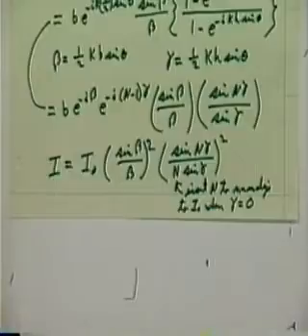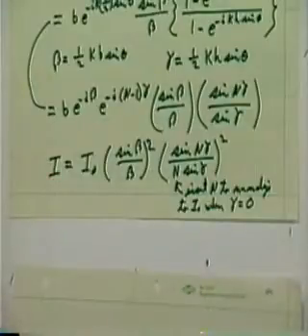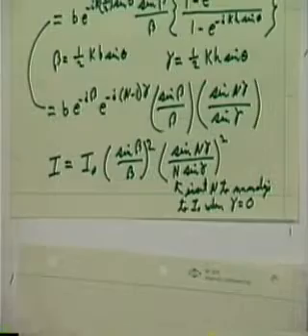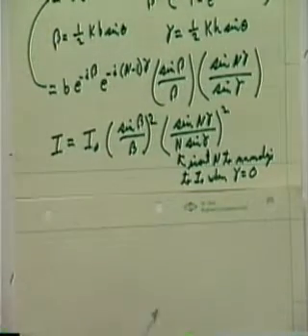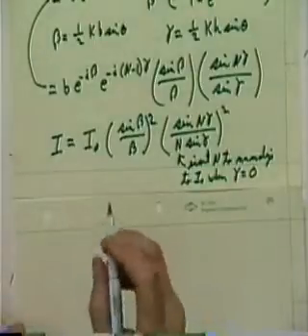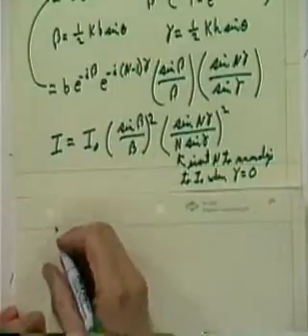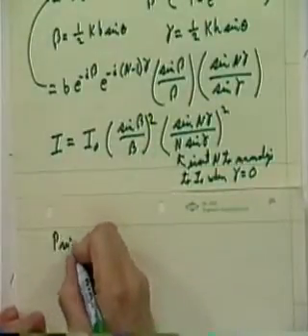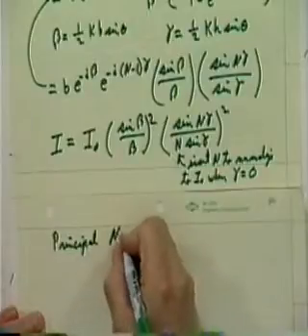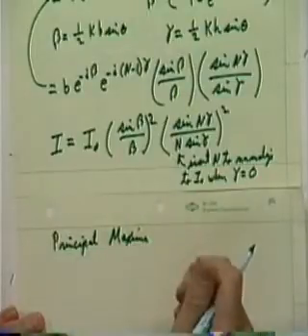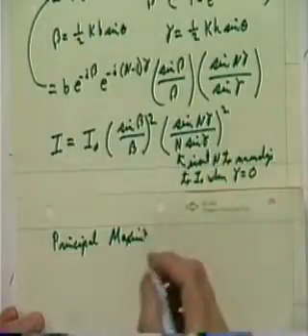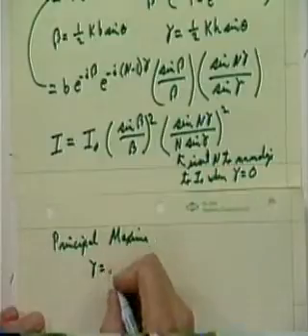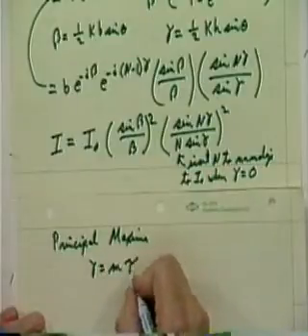Okay. Well, before we look at the drawings of the fringes, let's look at where the fringes are located. And we're going to have what we're going to call principal maxima, and we're going to have secondary maxima. So let's first look at the principal maxima. And the principal maxima here will occur when gamma is equal to m pi.